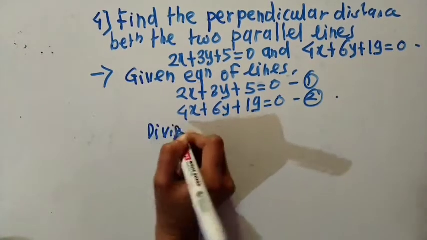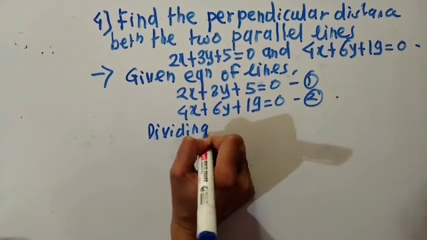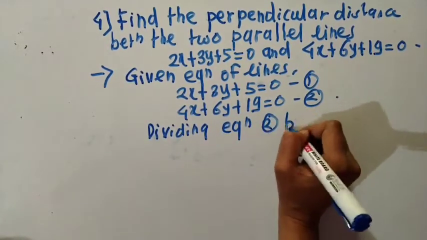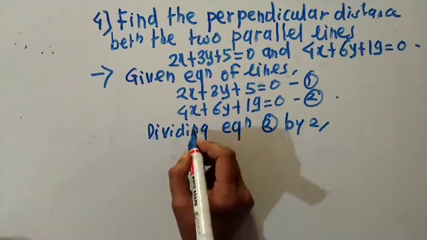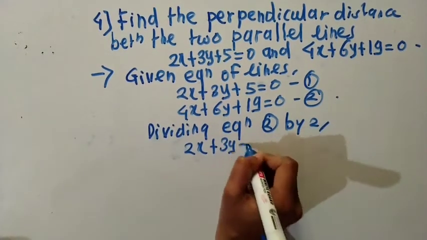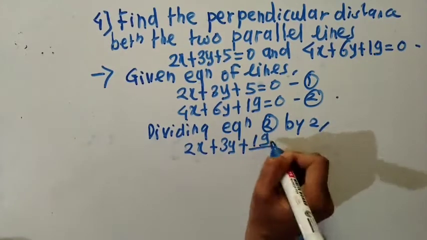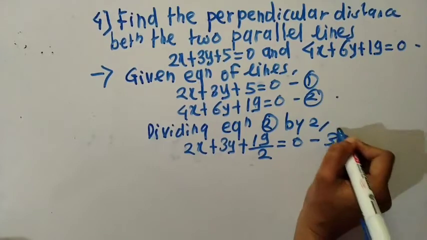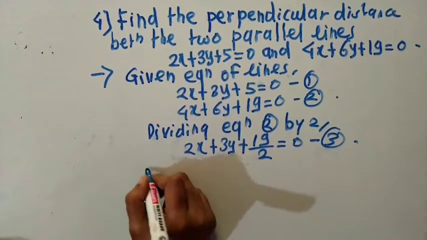So dividing equation 2 by 2, we get 2x + 3y + 90 upon 2 = 0. It is the third equation.